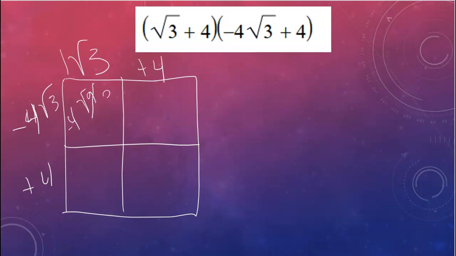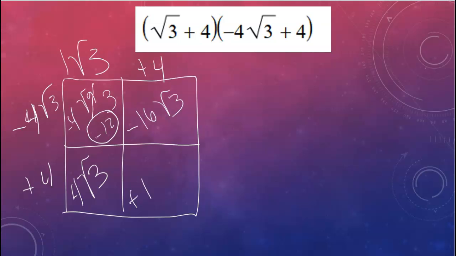Square root of 9 is really 3. So now we have negative 4 times 3. That's negative 12. Negative 4 times positive 4 is negative 16 square root of 3. Excuse me. 4 times 1 is 4 square root of 3. Positive 4 times positive 4 is positive 16.